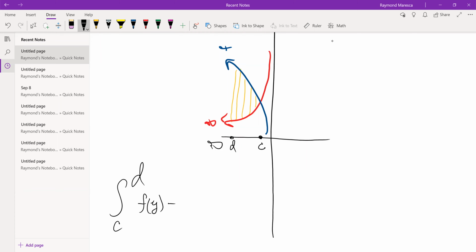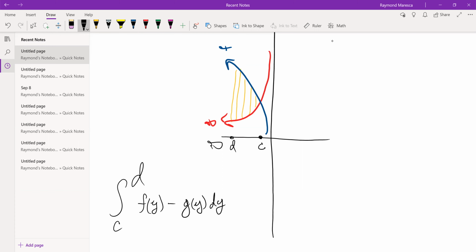And we're subtracting off g, which is the smaller function when we write it in terms of y. So we can rewrite these functions that are given to us in terms of x in terms of y, and it's essentially like just rotating the graph and doing the exact same thing that we did in the previous two problems.